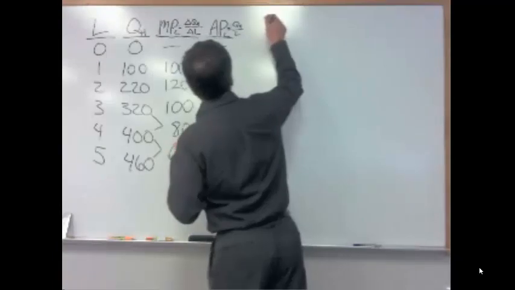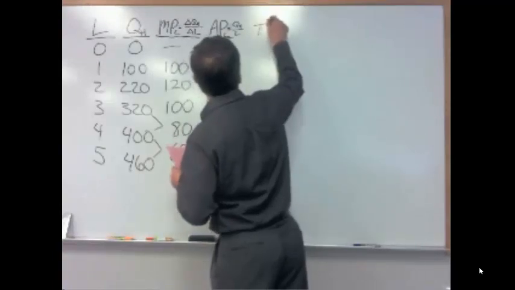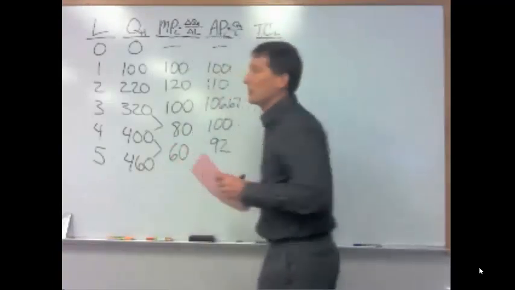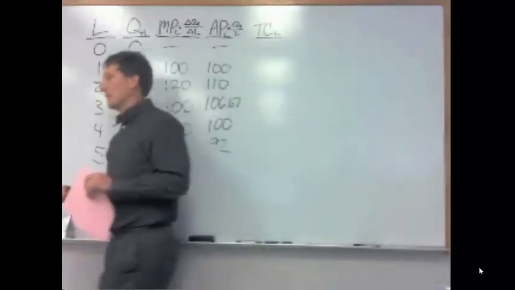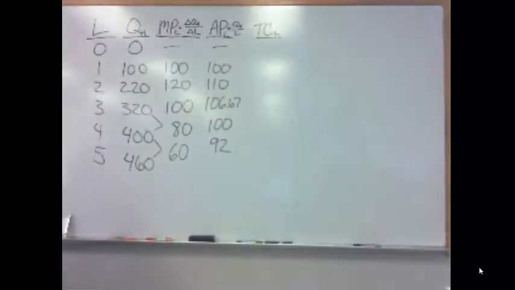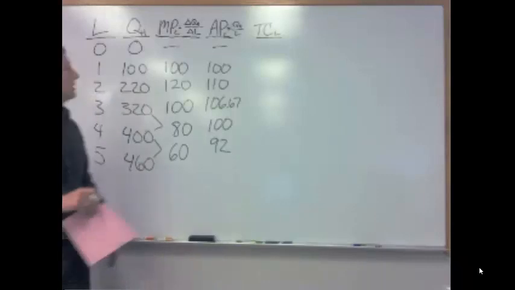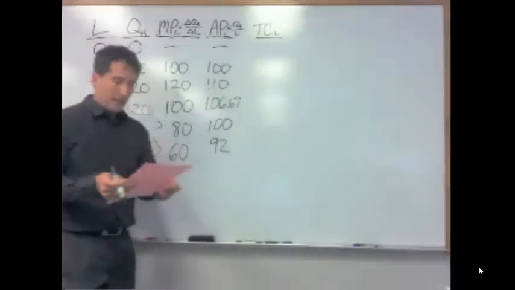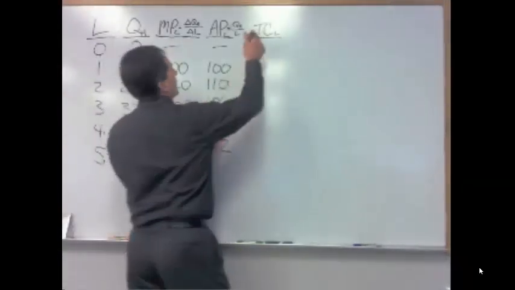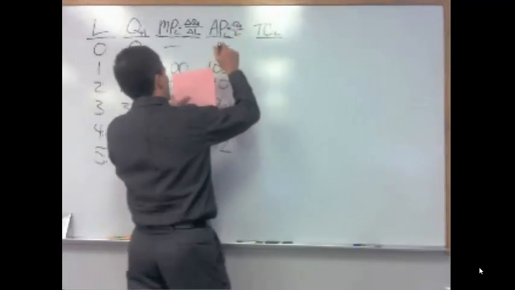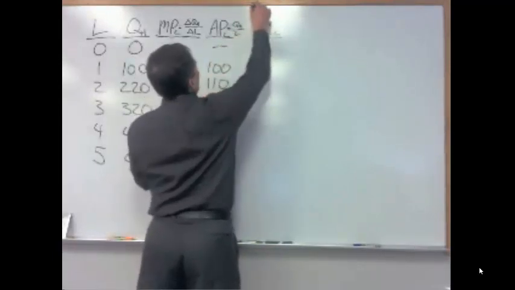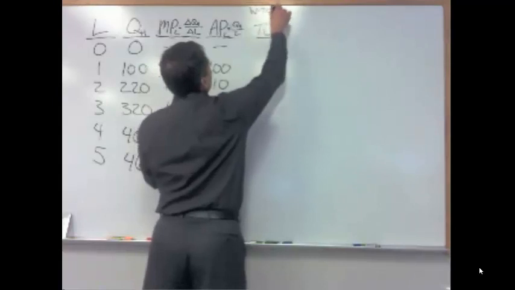Okay, now we get into some money. I want to look at the total cost of labor. What is my labor bill at my company? So I'm going to throw in a couple more assumptions just to add some reality here. Let's suppose that the wage per hour is $10 an hour.